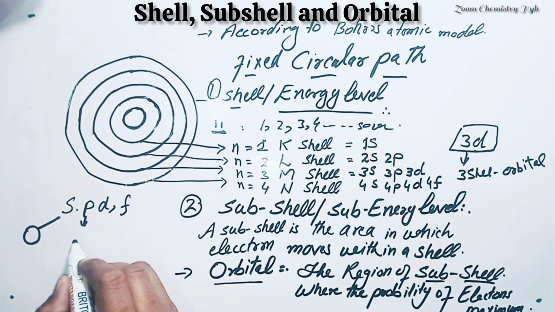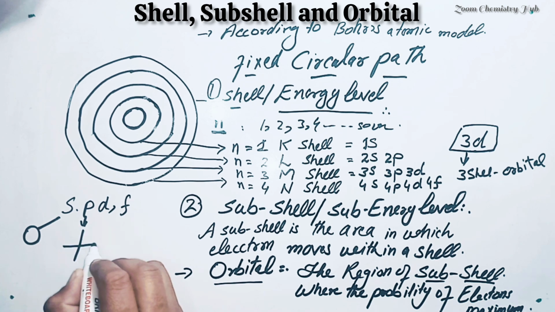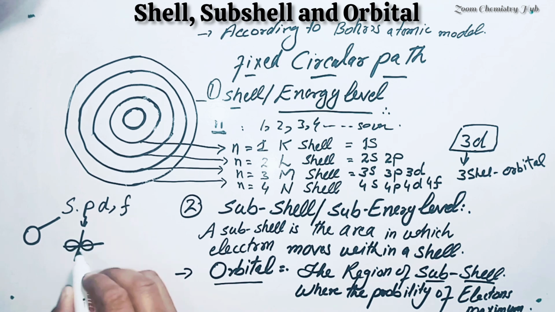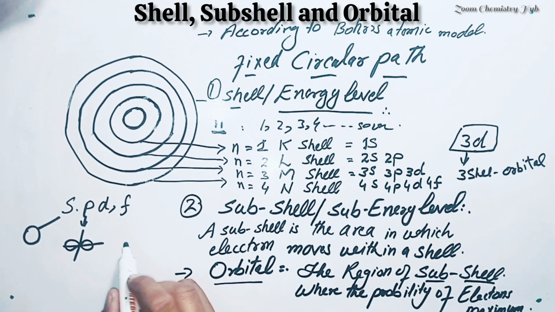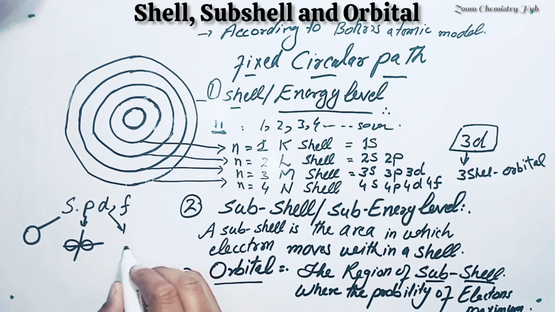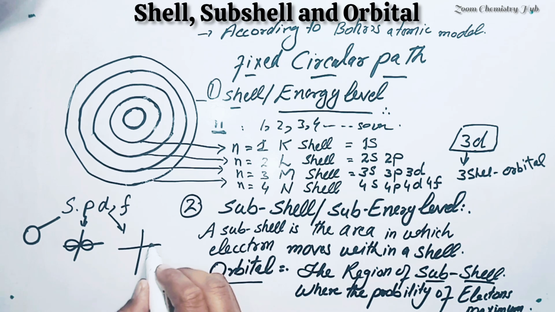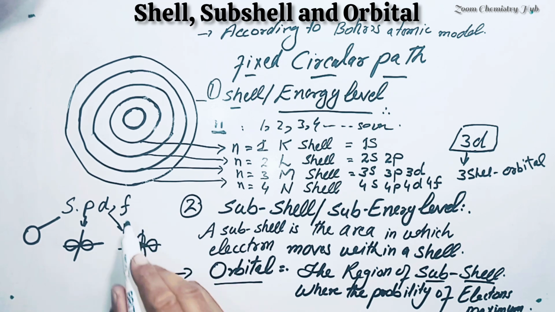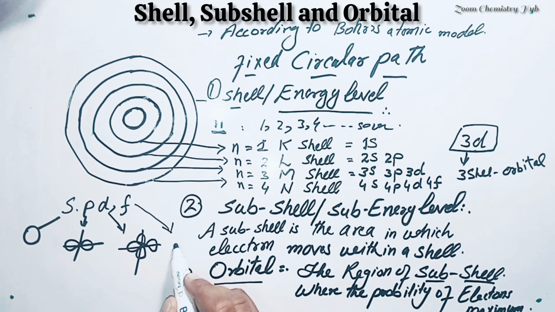P subshells are dumbbell shaped along the x-axis, and similarly D subshells are double dumbbell. And F are even more complicated.